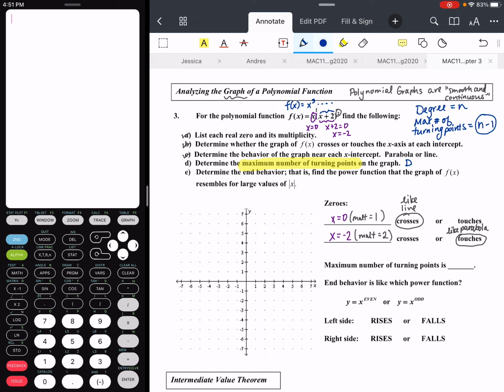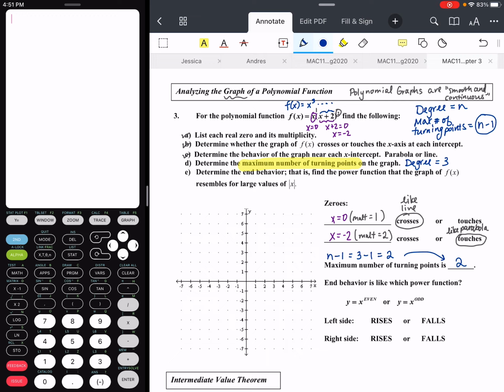The degree of our function is 3. So the maximum number of turning points, n minus 1, in our case is 3 minus 1, which gives me 2. So the maximum number of turning points is 2. And when we create our graph, we'll talk about what that means.